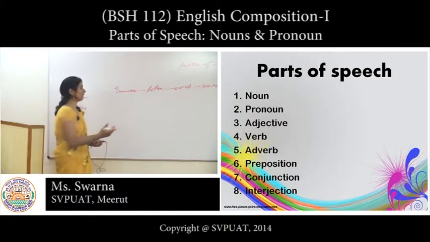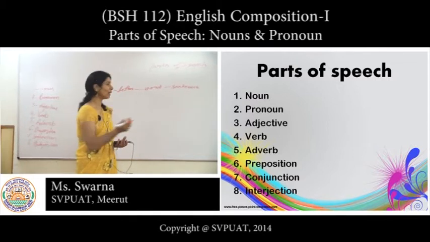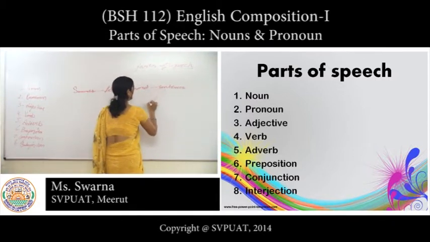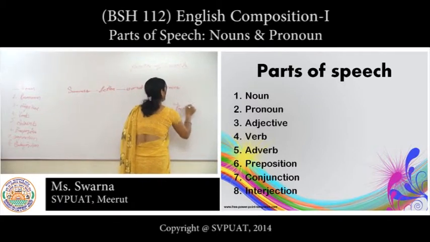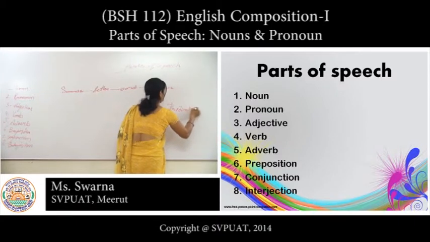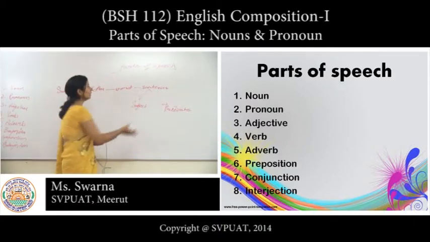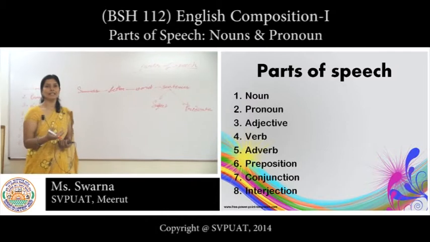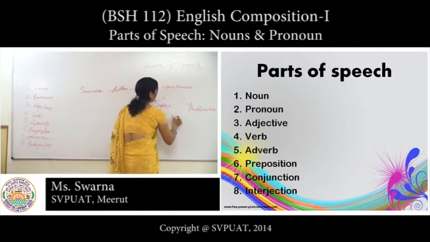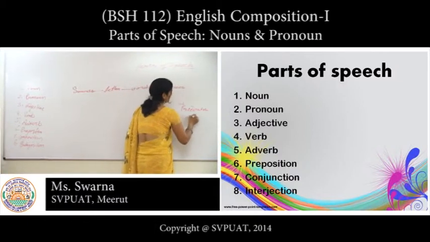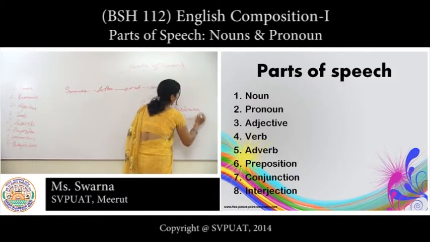As we know, a sentence is divided into 2 parts. First one is subject and the second one is predicate. And the sequence of any sentence is subject plus verb plus object.